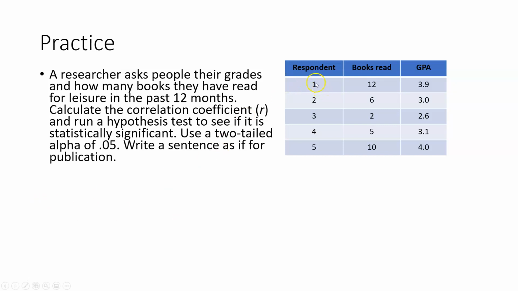Here you've got respondents 1 through 5 listed, with the number of books they've read and their GPA scores. I want you to calculate the correlation coefficient and run a hypothesis test to see if it is statistically significant. You should use a two-tailed alpha of 0.05 and then write a sentence as if for publication. Pause your video, and when you're ready to see the answers, resume.